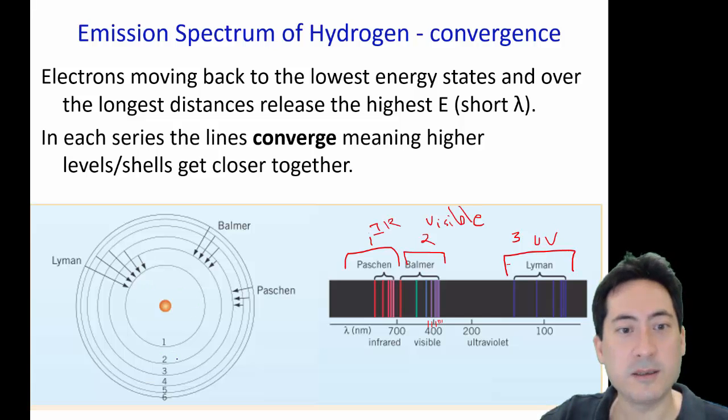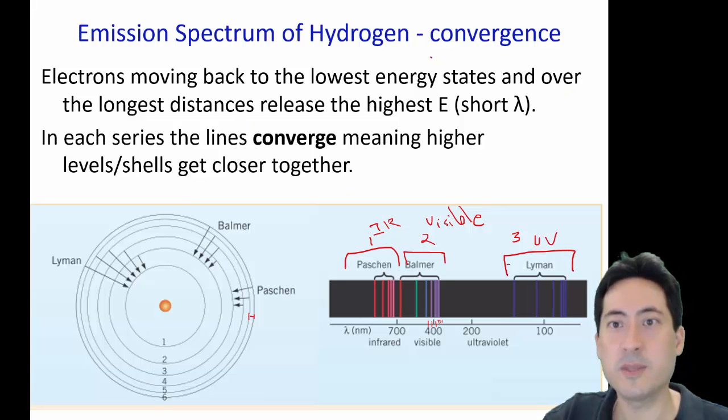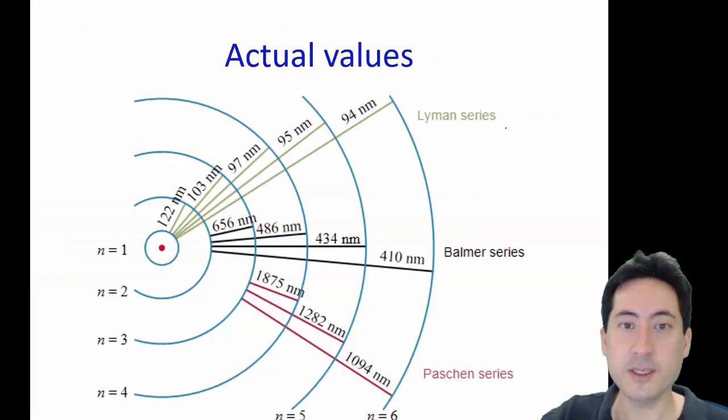So what's that saying? That's saying that as the energy shells get further and further away, the difference between them is getting smaller and smaller, and there's a technical word that you need to learn to describe that, and that is convergence.